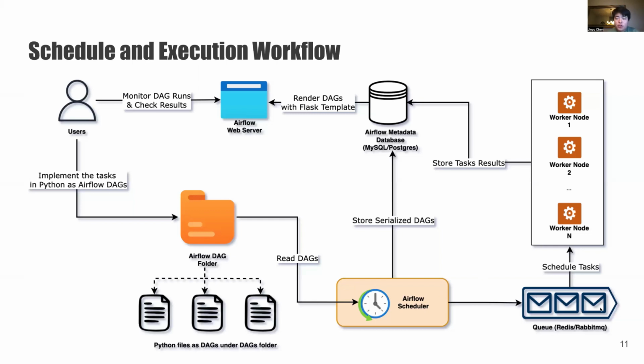The information in the queue is picked up by the workers. If you see here, we have multiple workers. Depending on our scalability, you can assume we have 5 workers or just 1 worker. We configure it in the airflow.cfg.